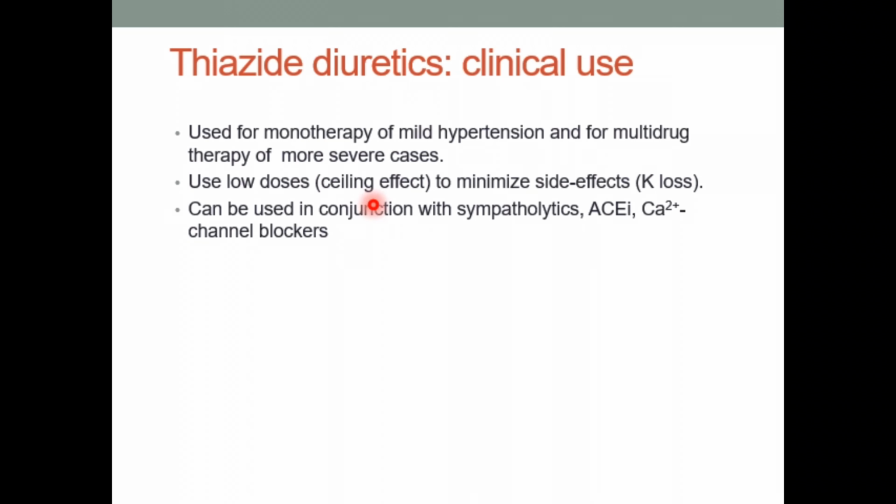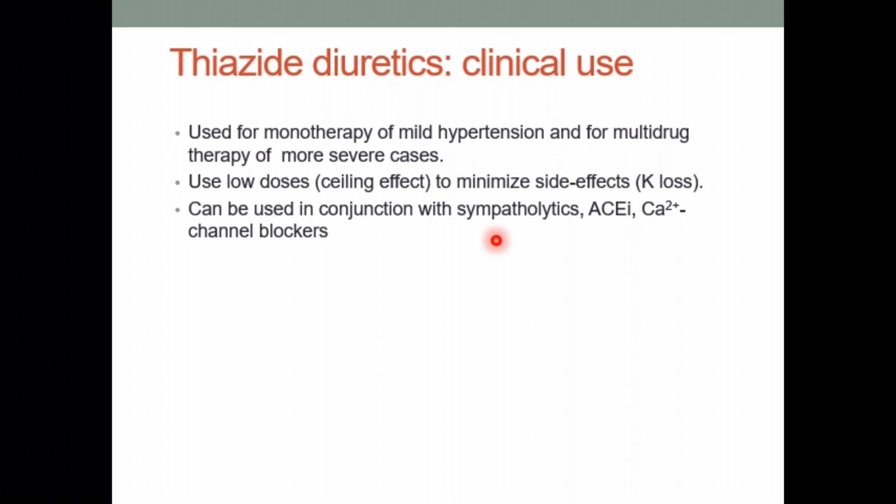What you get if you use high doses is just the adverse effects of thiazides, such as potassium loss. So the recommendation is to use low doses, and this is called the ceiling effect. With low doses, you also get fewer side effects.